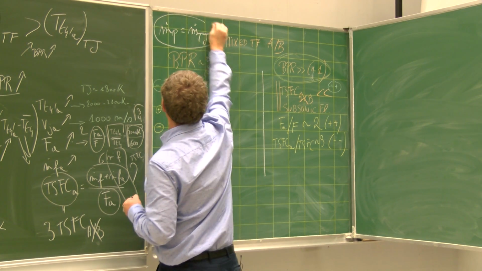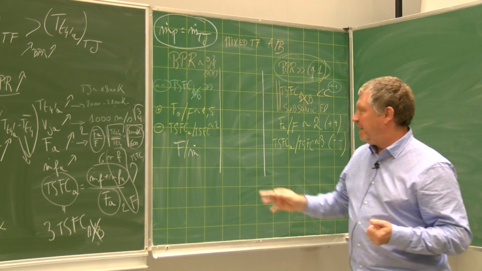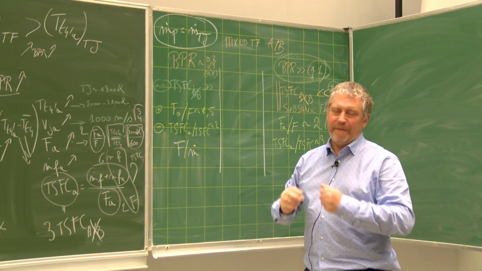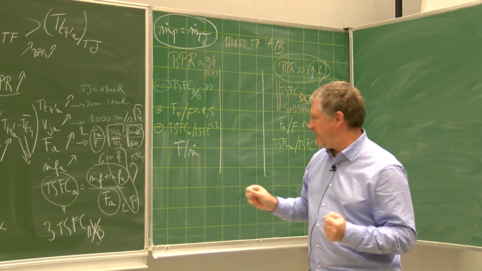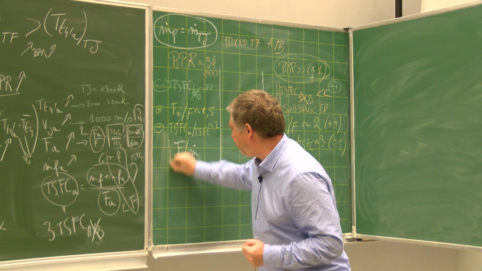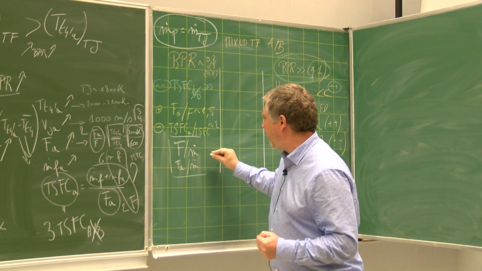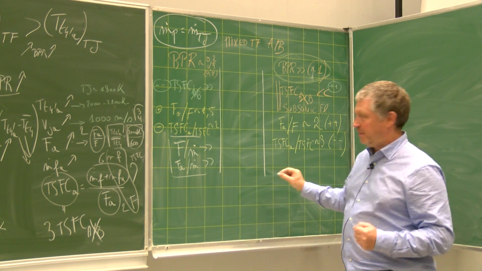Never forget this assumption. Our rationale is based on that. And if you have a low bypass ratio, you have FA and F divided by m dot that will be larger than here.